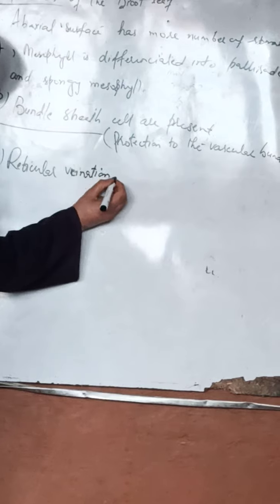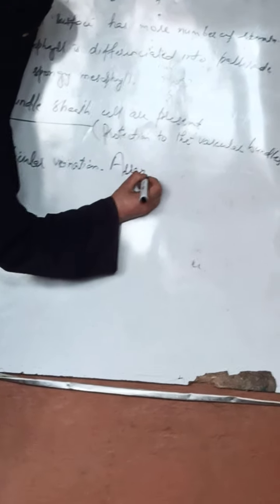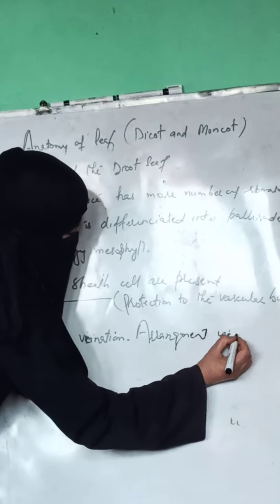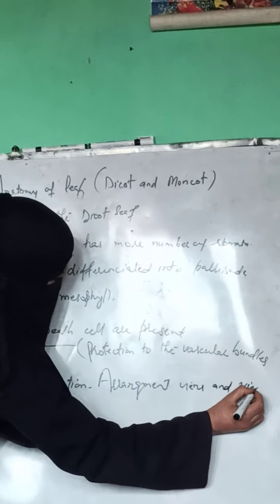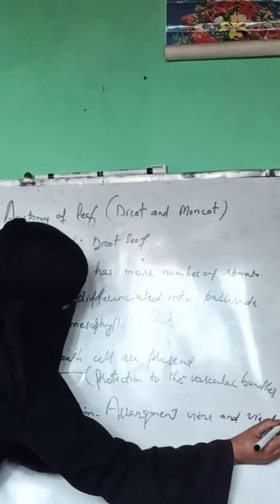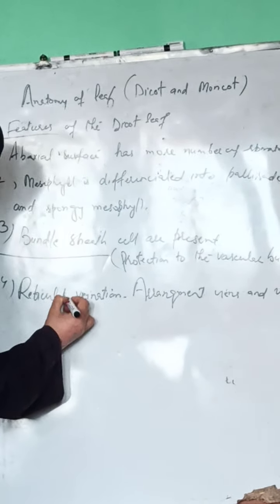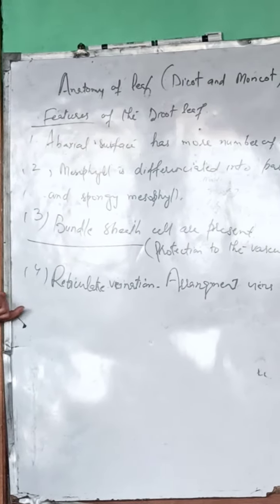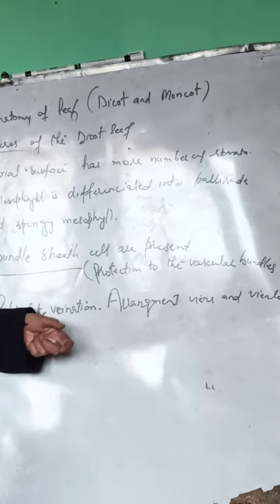That means the arrangement of veins and veinlets is reticulate.